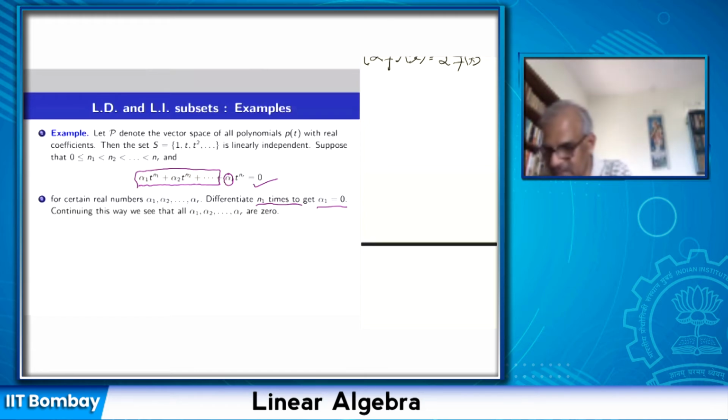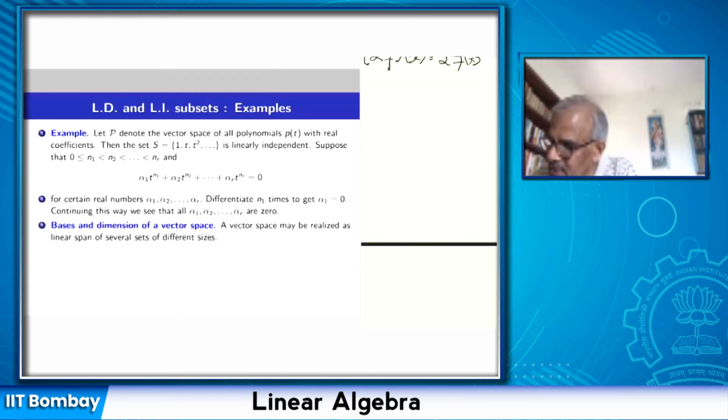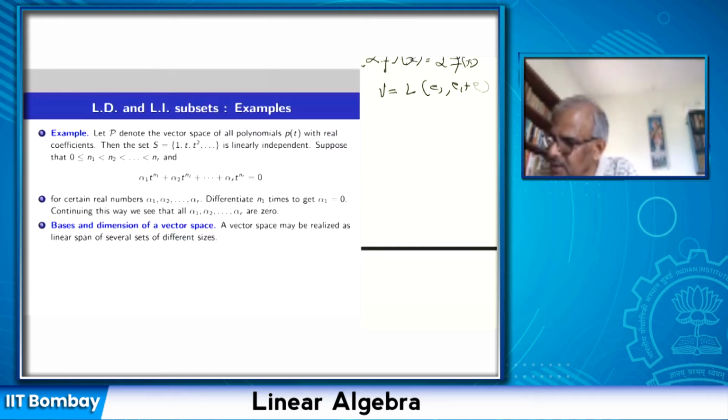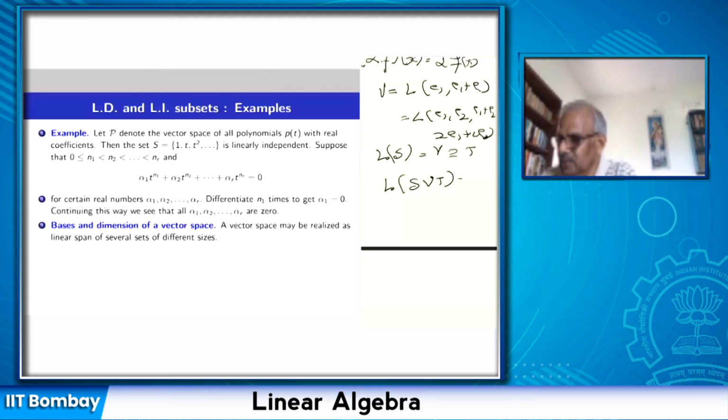A vector space can be the linear span of several sets. If my vector space is the linear span of, say, E1 and E1 plus E2, then it is also the linear span of E1, E2, E1 plus E2, or 2E1. If the linear span of S is equal to V, and T is a subset of V, then the linear span of S union T is also V. So I can enlarge a given set and still get the same vector space.